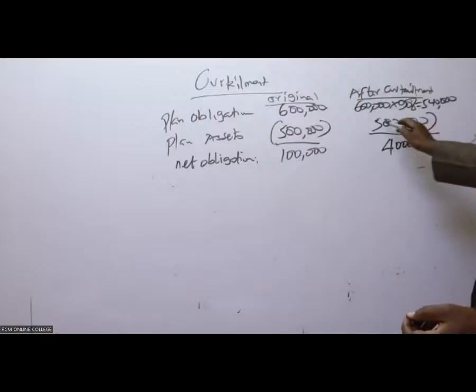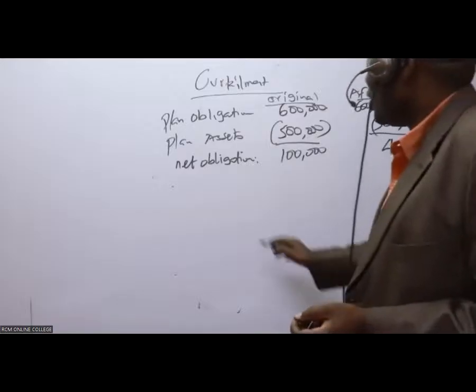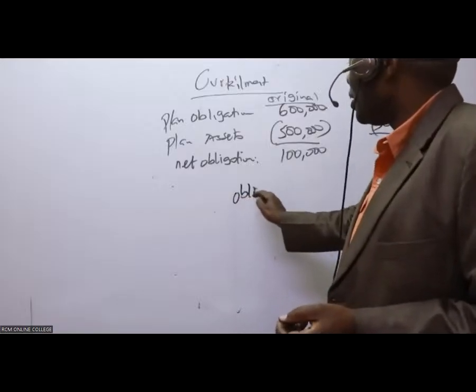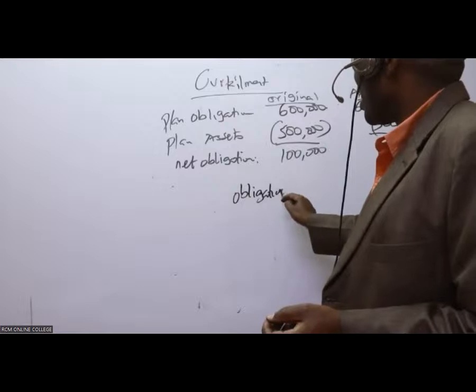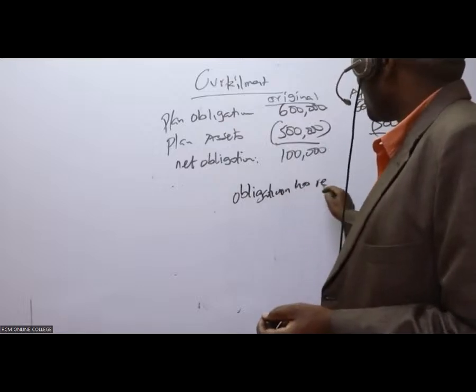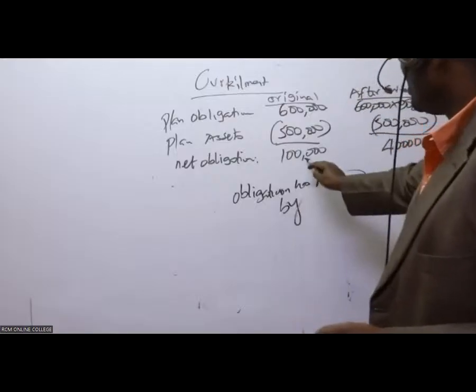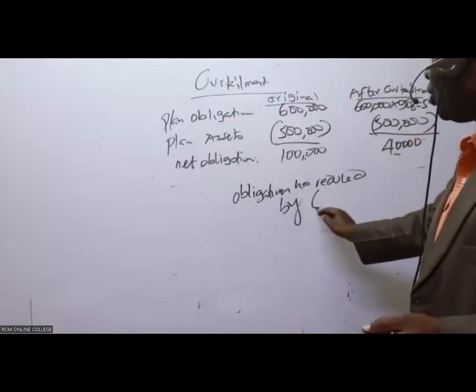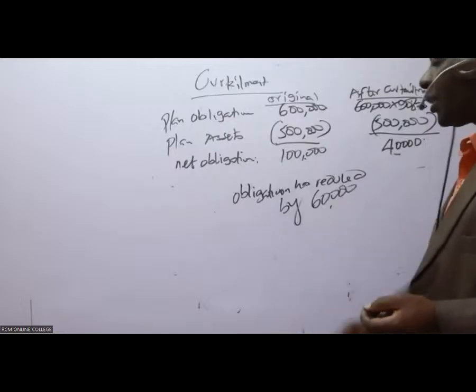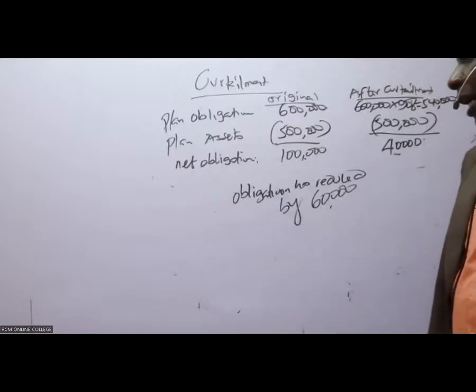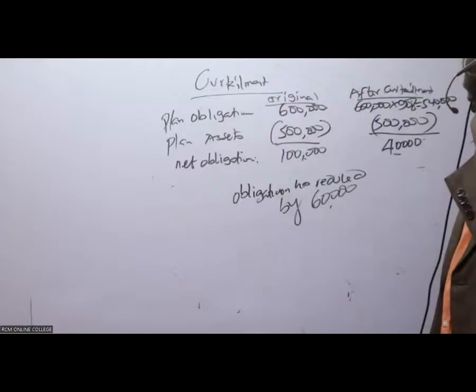This minus this, 40,000. So in short, the obligation has reduced by the difference. The obligation has reduced by 60,000? Is it 60,000?